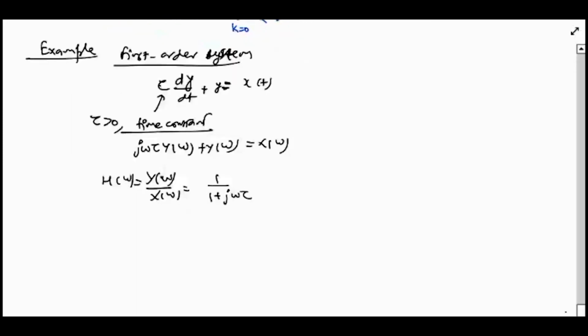Notice that the modulus or the absolute value of this function H(omega) is 1 over root (1 plus omega square tau square), which if we plot looks as follows.